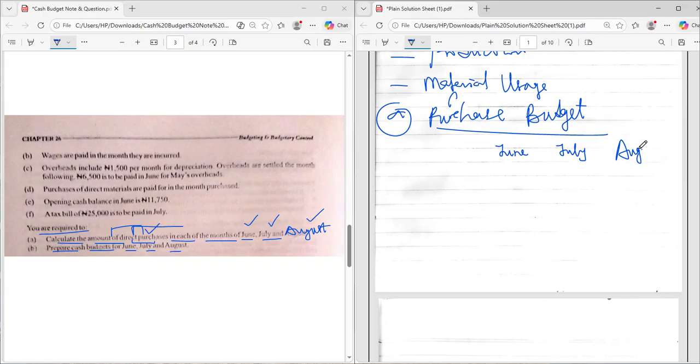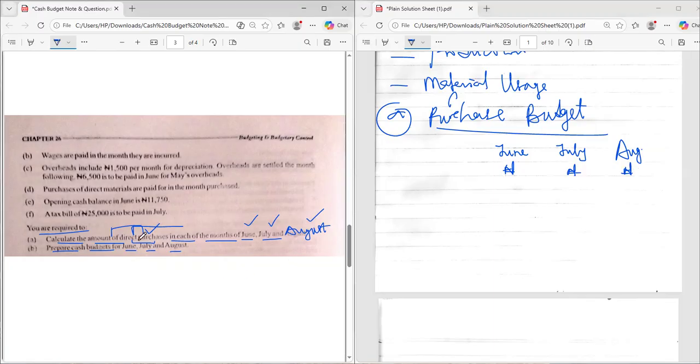All right, are we good to go? Let's put figures. Why are we putting figures? Because the question says we should calculate the amount of direct purchase. They did not say quantity, they say amount.